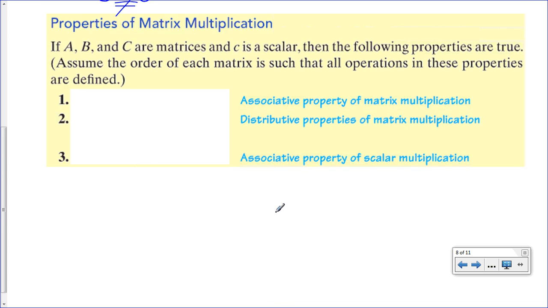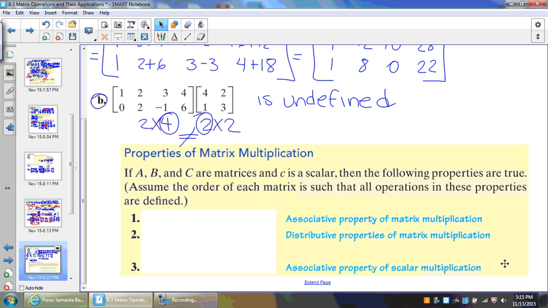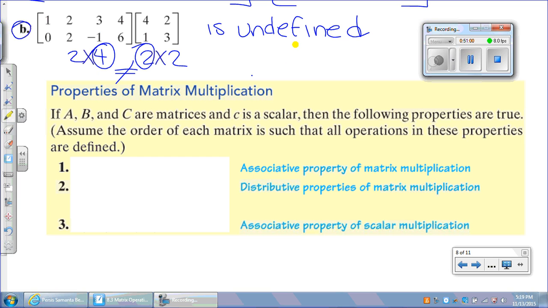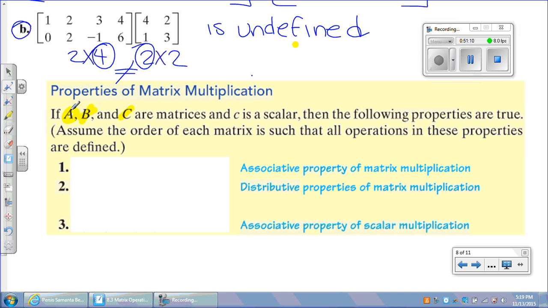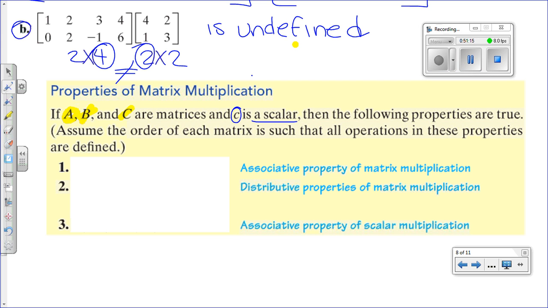Okay, let's go over some properties of matrix multiplication. So again, we have matrices A, B, and C. And remember, we use uppercase letters. And we have c as a scalar, just a number, lowercase.